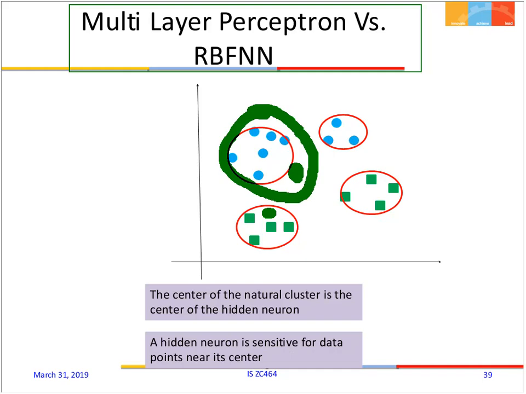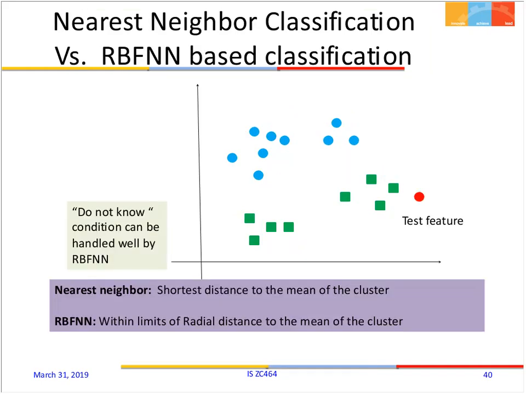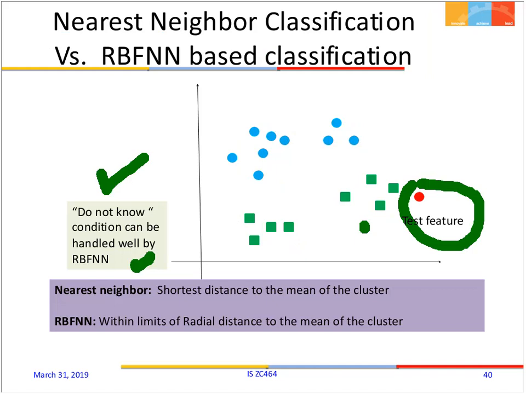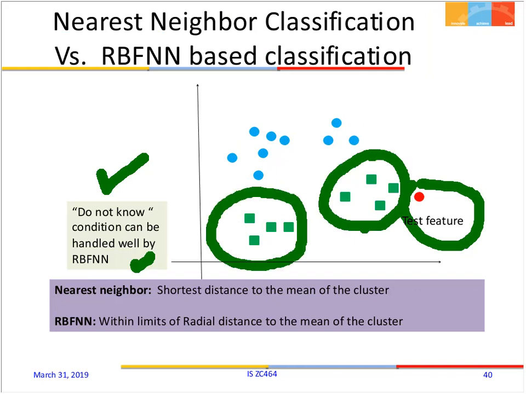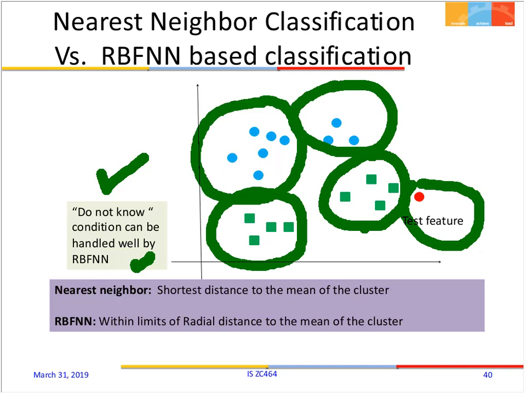So you can always model this "do not know" condition. You may want some kind of rejection of the test feature vector as not belonging to any one of the classes. This can well be handled by the radial basis function neural network. If it is beyond the decision boundaries which are spherical in nature, then we can simply say that I do not know who this is.